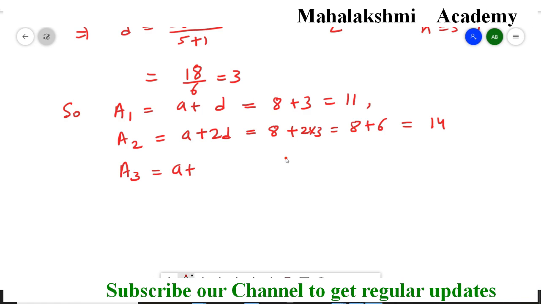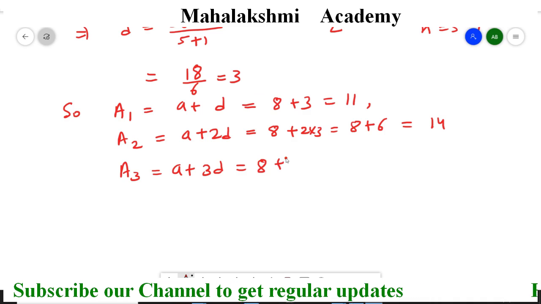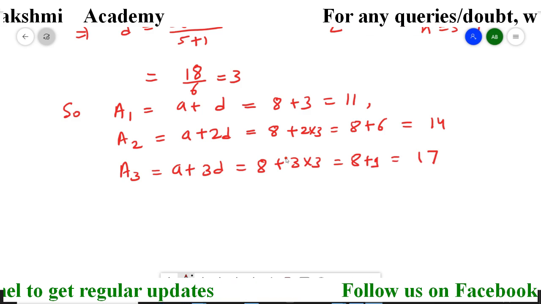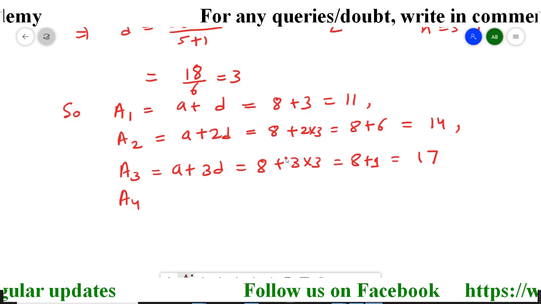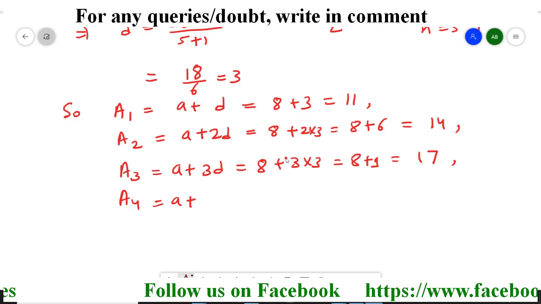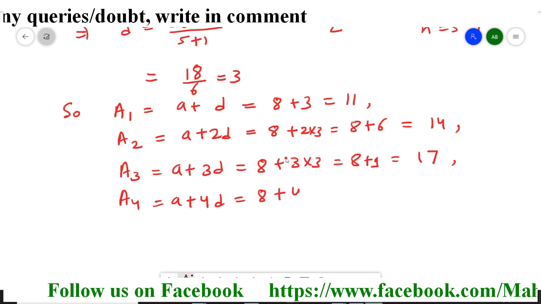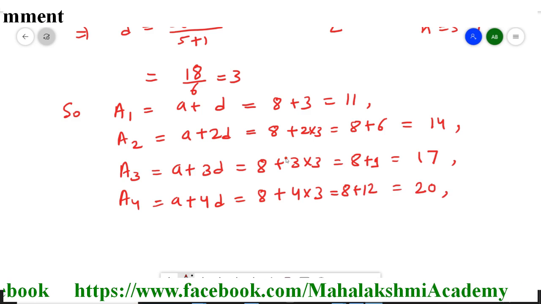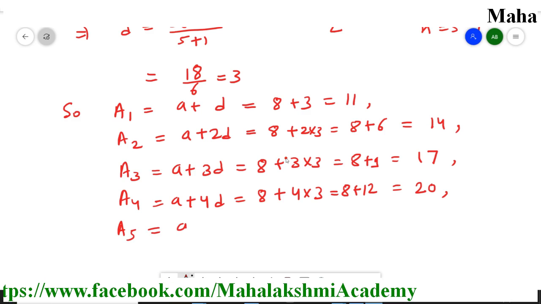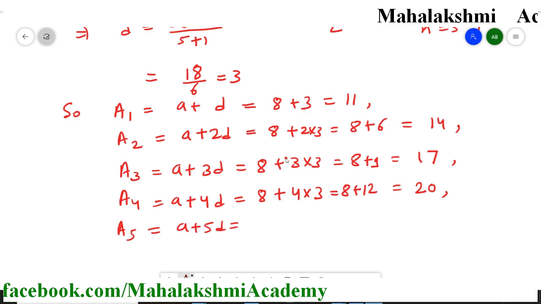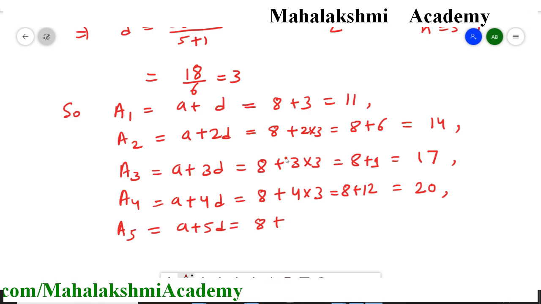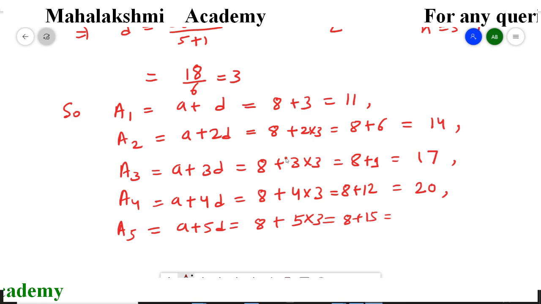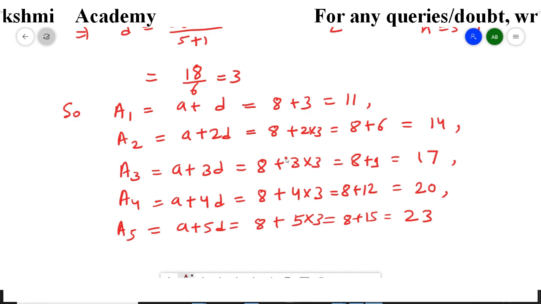A3 is equal to A plus 3D, that is 8 plus 3 into 3, that is 8 plus 9 is equal to 17, and A4 is A plus 4D, that is 8 plus 4 multiplied by 3, so 8 plus 12 is equal to 20, and A5 is A plus 5D, that is 8 plus 5 multiplied by 3, that is 8 plus 15, 23. So we got the answers.